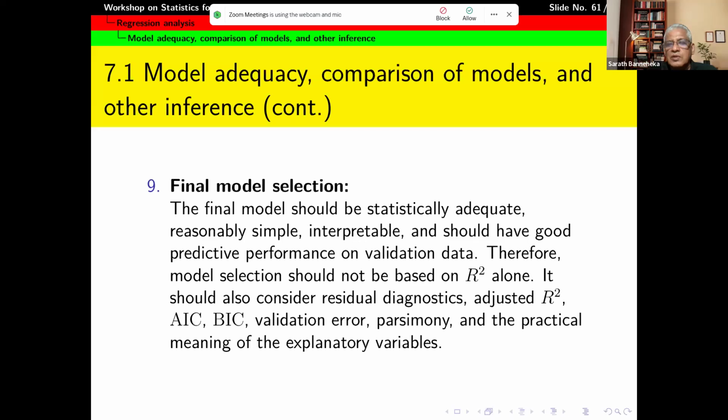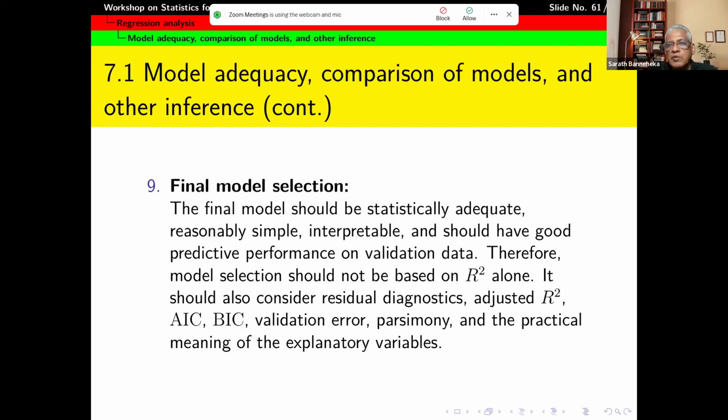That is an important thing. Having good predictive performance only on the training set is not a good criterion. So the final model should be statistically adequate, which means a high R square value for the performance on the validation data, and other measures you can look at.